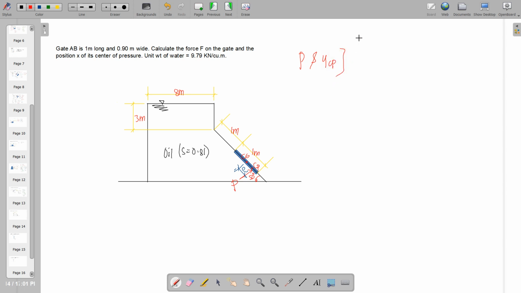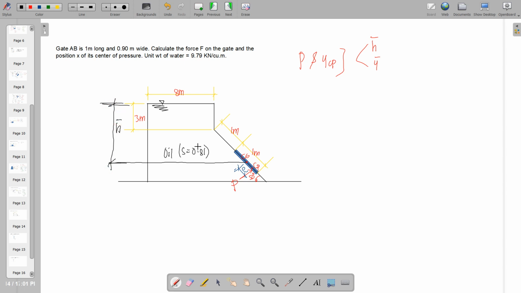So as a matter of solution, we need to determine H bar and Y bar. Of course, that is the first thing you need to calculate, from the center of gravity up to the liquid surface. This is our H bar.